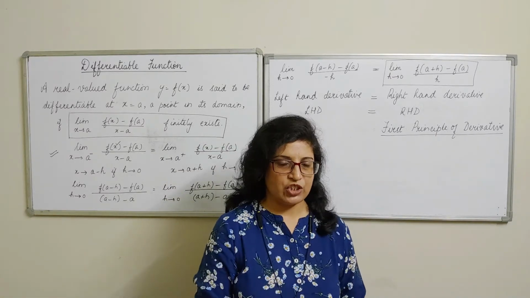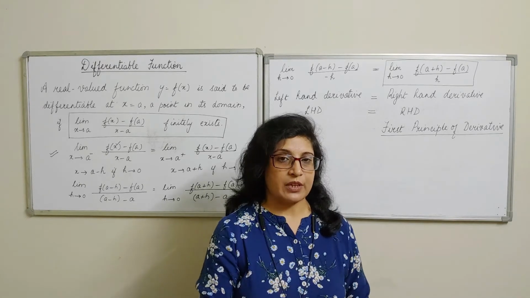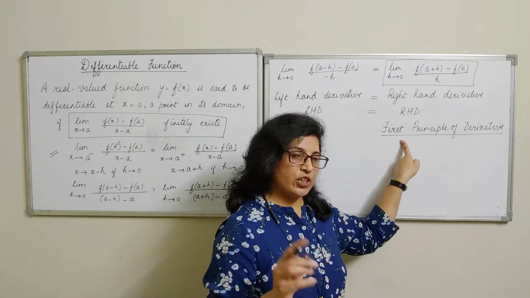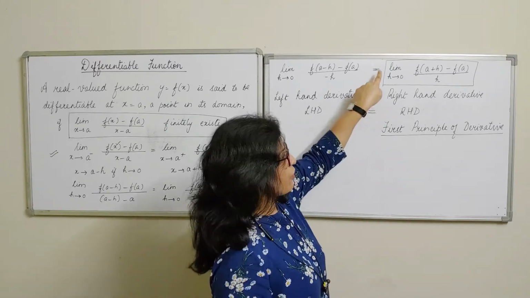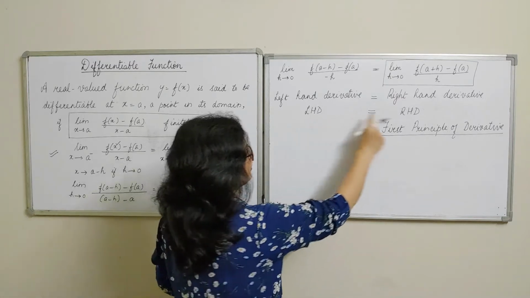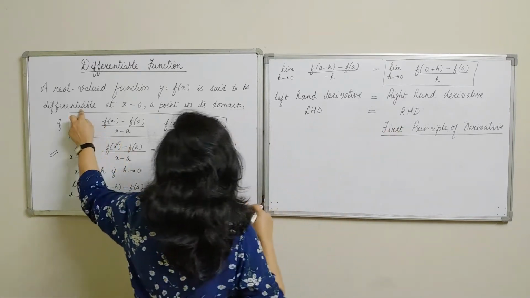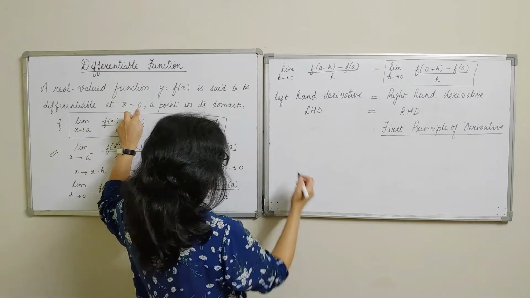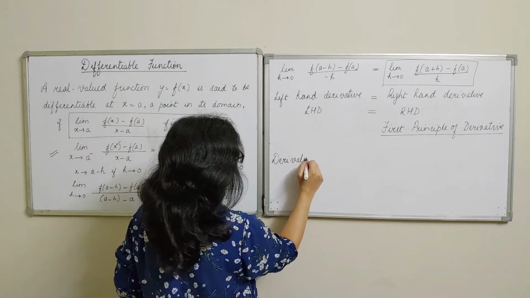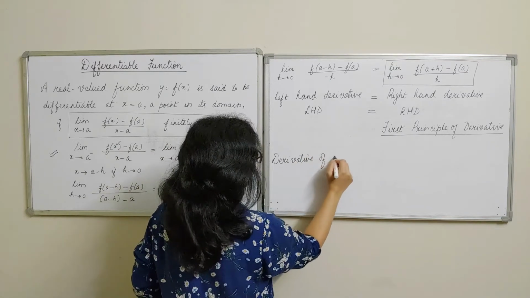That means when we differentiate functions, the result that we get was obtained using the first principle, which we have now seen is basically the right hand derivative. So once again, whenever LHD is equal to RHD, the function is said to be differentiable at x is equal to a. So that means we can find the derivative of y.